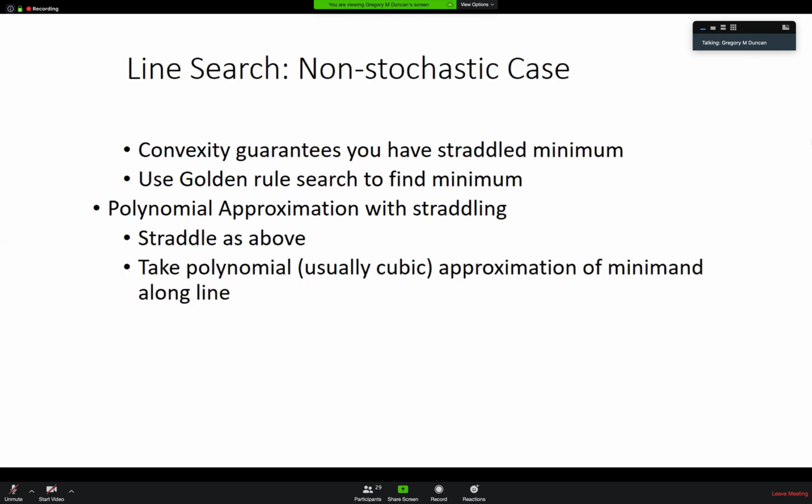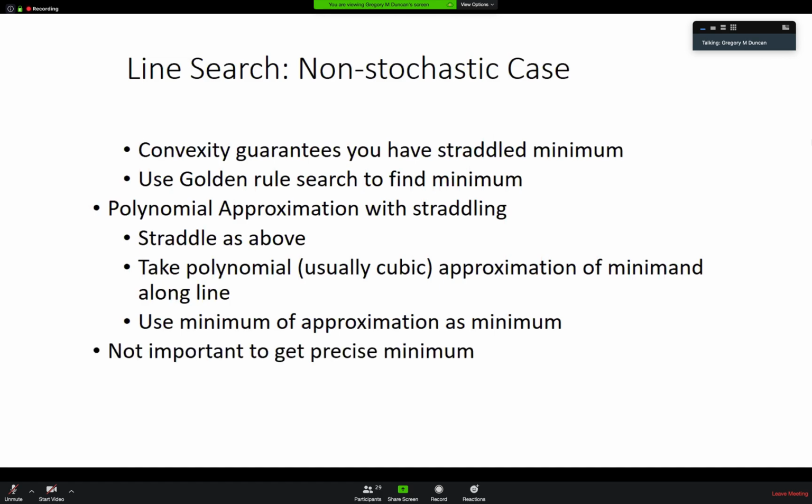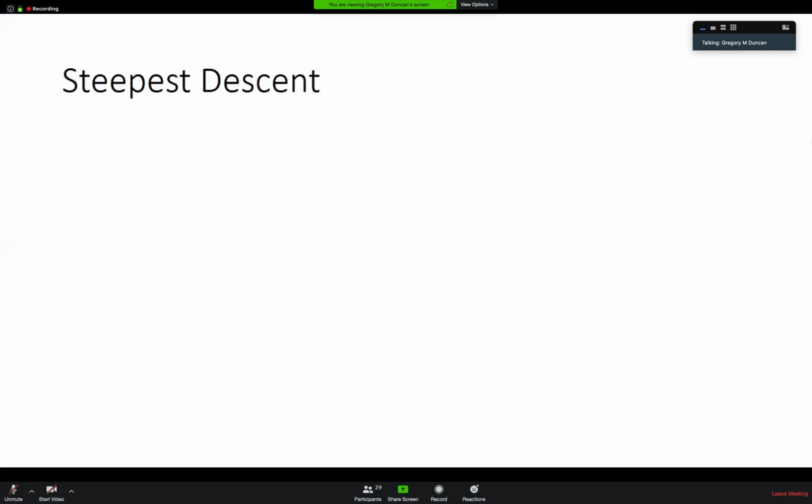You usually take a cubic approximation of the minimum along a line. Use the minimum of that polynomial as an approximation to the minimum. Remember what I said, it isn't essential that you get the step size exactly right. It's just you want to be always going down or close to going down. Okay? So it's not important to get the precise minimum.